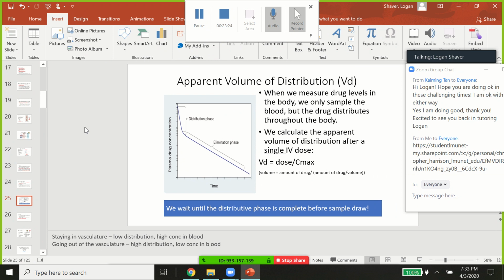You want to take it later, during the elimination phase. You don't want to take it during the distribution phase, because that will show up a lot higher than it should actually show up. And that's sort of what this is saying, and I know that's what the question was pertaining to. For all I know, it might not have been on this exam, but I definitely remember it showing up somewhere. So that's the only reason I have that slide on here.